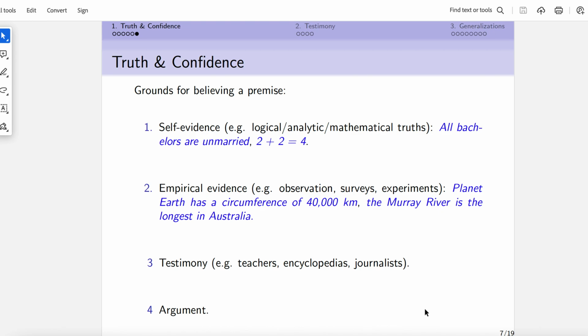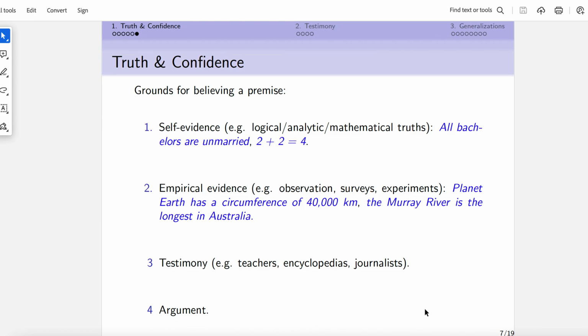Now, in order to think a bit more about what sorts of evidence we might acquire for the truth or falsity of premises, it's going to be helpful to categorize some different grounds on which we might believe them.